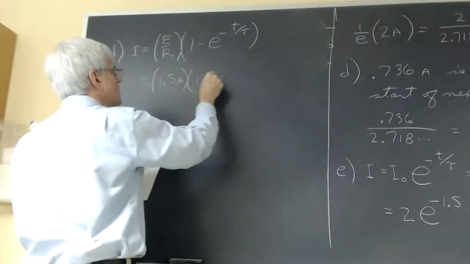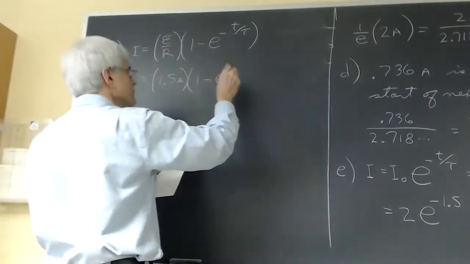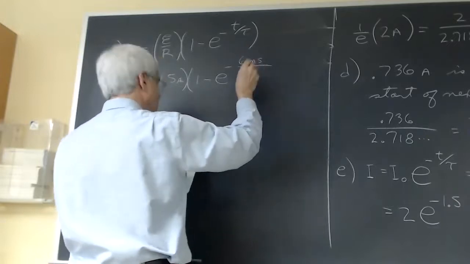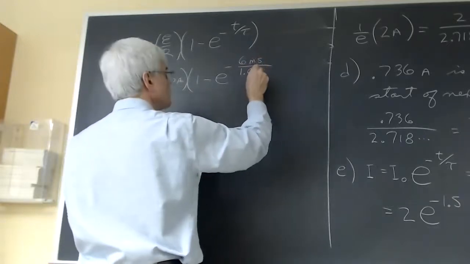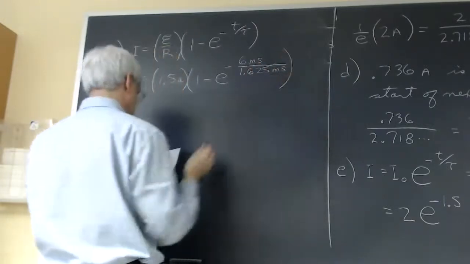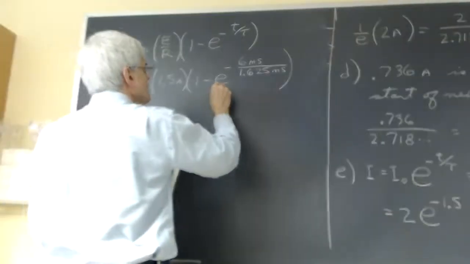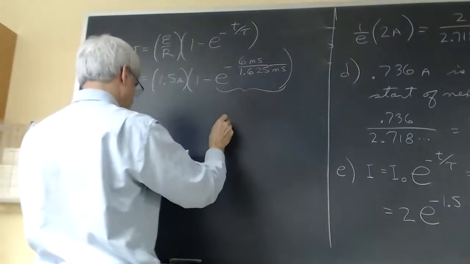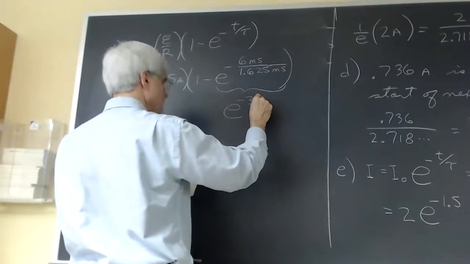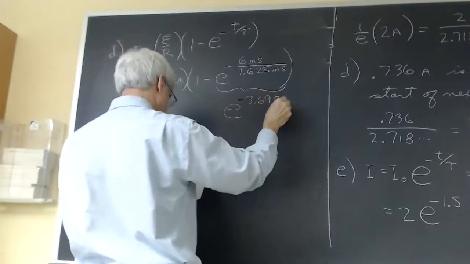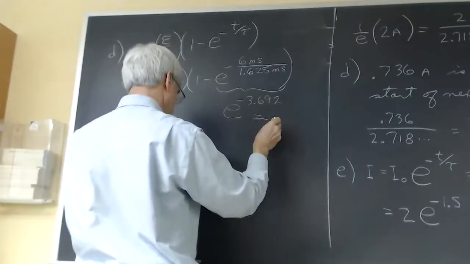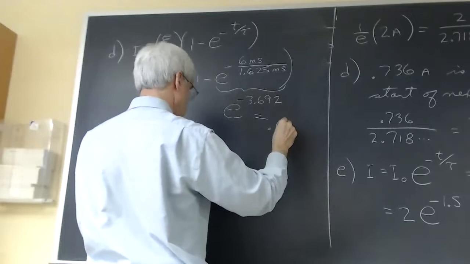And so we've got 1 minus e to the negative 6 milliseconds divided by 1.625 milliseconds. So this part of it right here, that's e to the negative 3.692, which equals 0.0249.